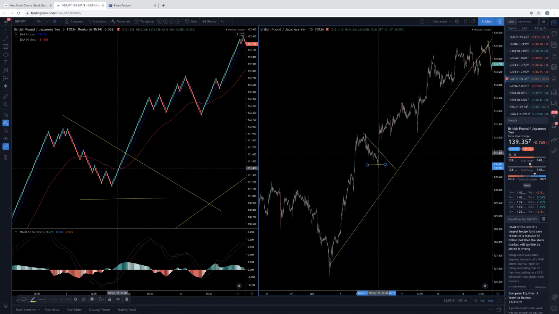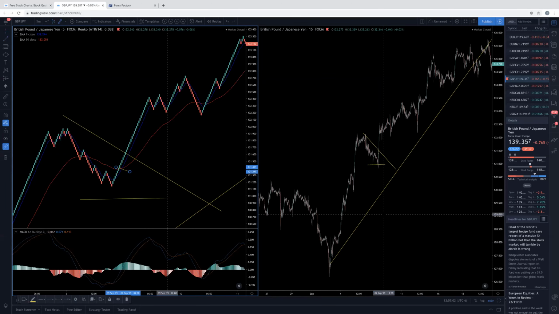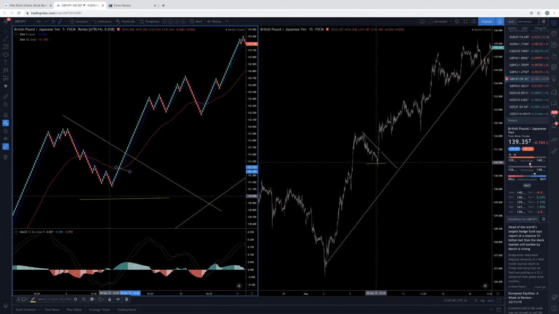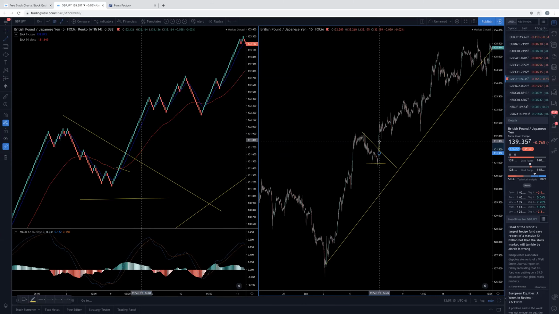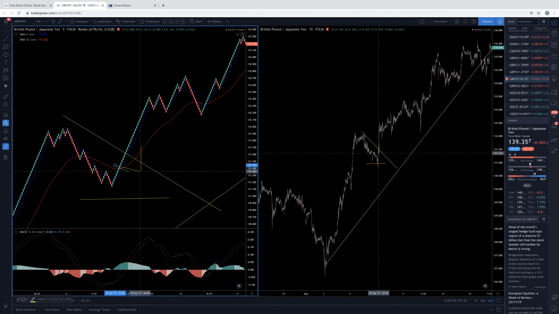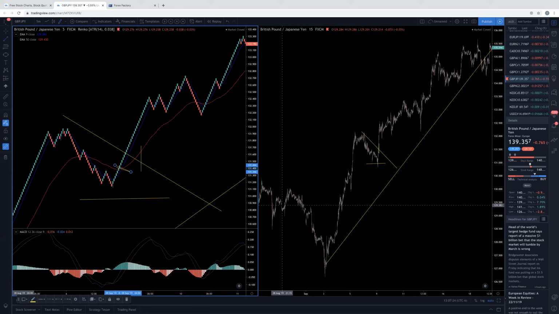I know on Renkos when it crosses here, but on here, if I wanted to enter up here or somewhere, I'm not sure when. So what I would typically do on a flag like this, like I told you in the UCAD example, is I just wait for the break. But on Renkos, you enter at that cross. Does that make sense? Yes.